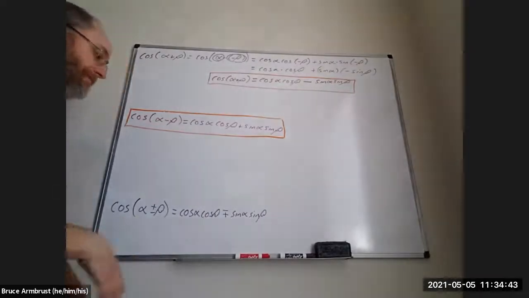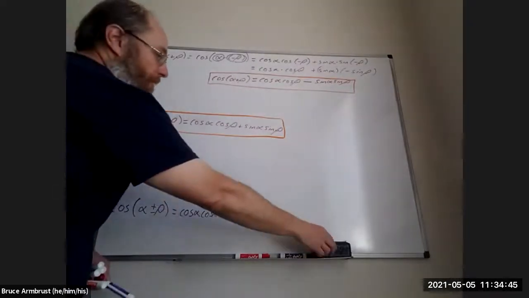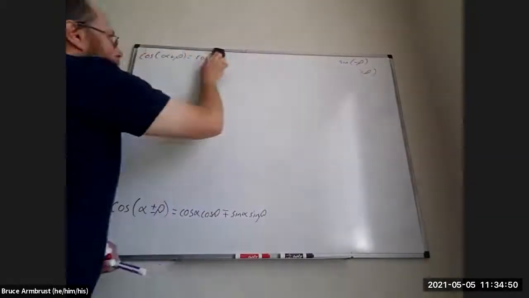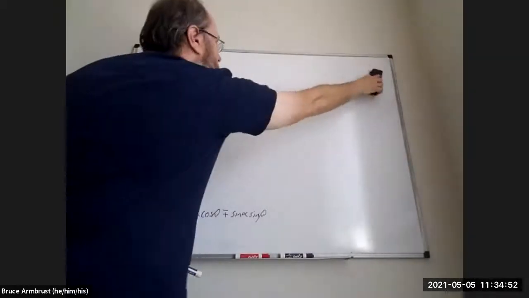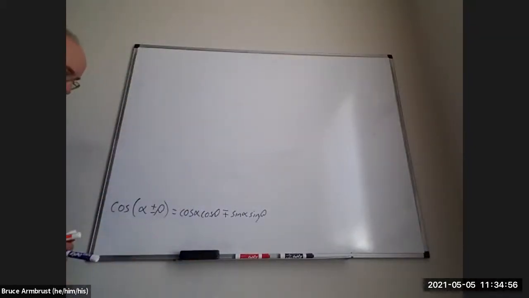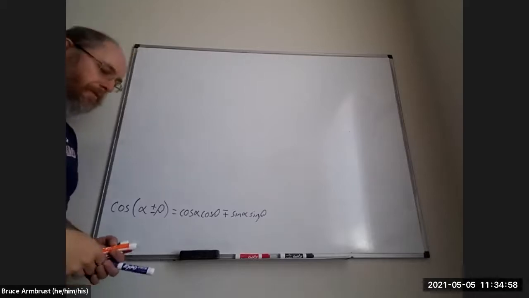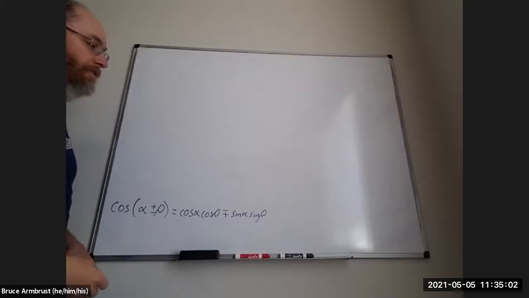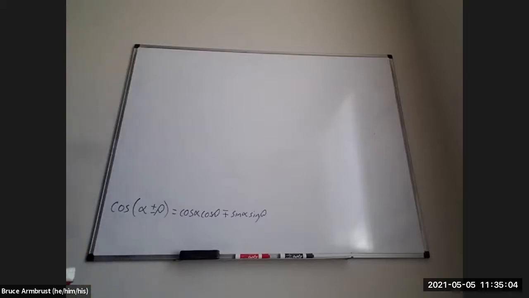All right. Anyway, so there are the 2 that we've developed for cosine. And I did that because when we develop the sine identity, we're going to need to make use of this as well. All right, so here we go. Next one. Let's look at the sine of alpha plus beta.